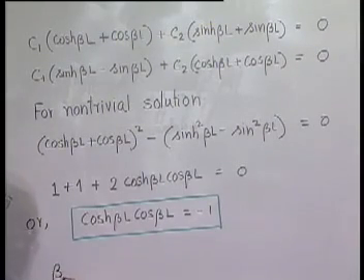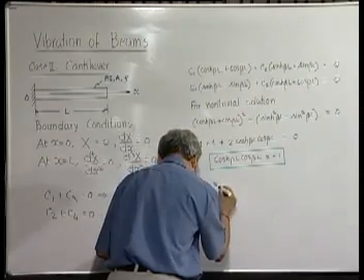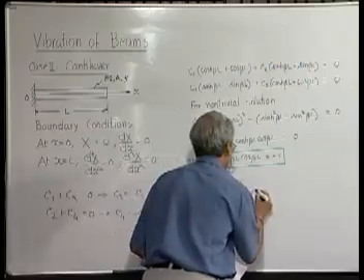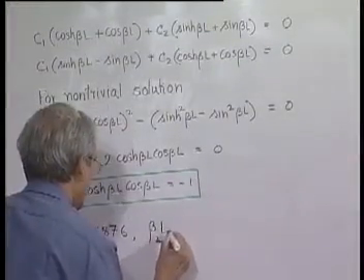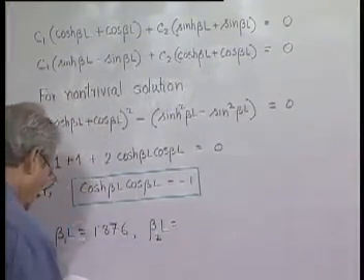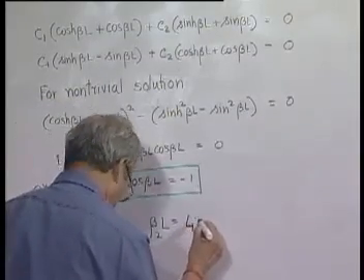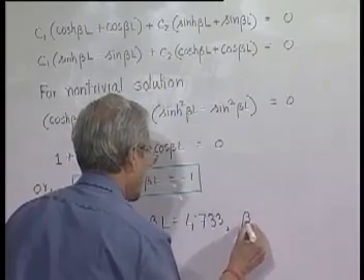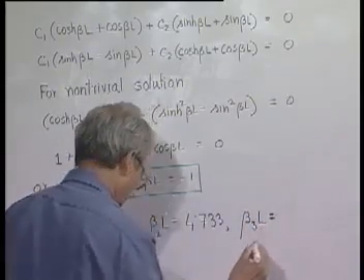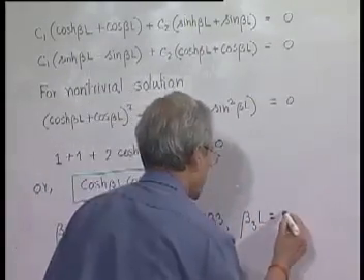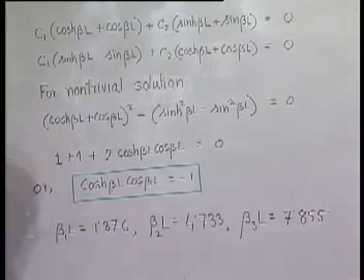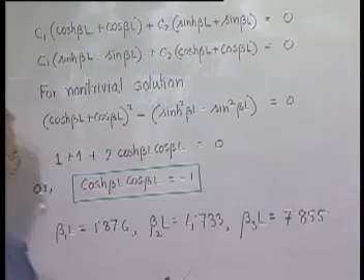So beta 1 L is equal to 1.876, beta 2 L equal to 4.733 and beta 3 L equal to 7.855.